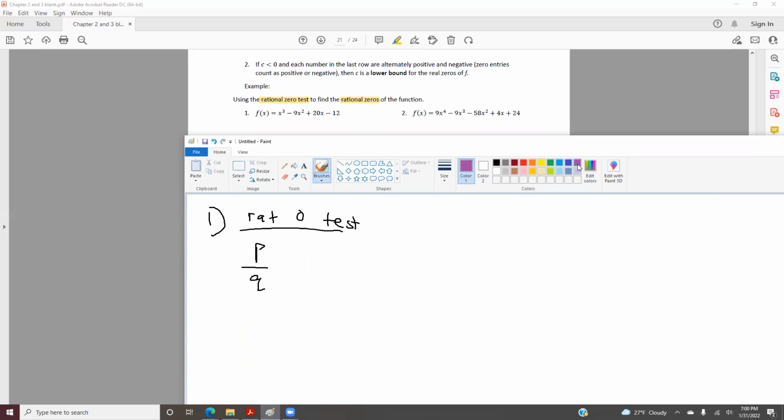P is the last number, 12. And again, I don't care about the sign. Don't give me negative, just give me 12. And Q is the leading coefficient. Can someone tell me what is the Q in this case? It will be 1. So if you get 1, you should be happy because you know the factor for 1, right? So can someone tell me what are the factors of 12?